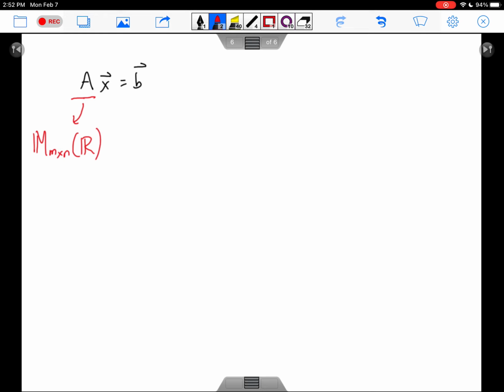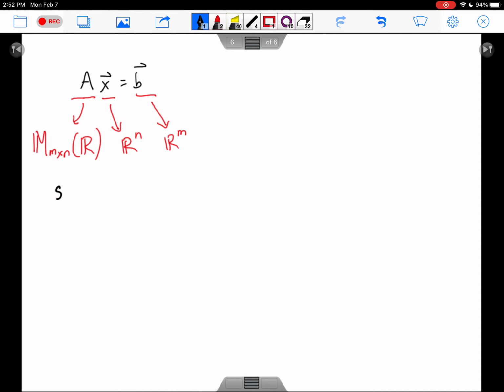That's what that notation means. So x is, remember, an n column vector that just lives in Rn. And the b's are the m column vector, so that lives in Rm.